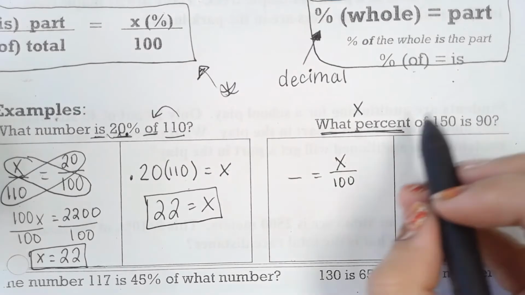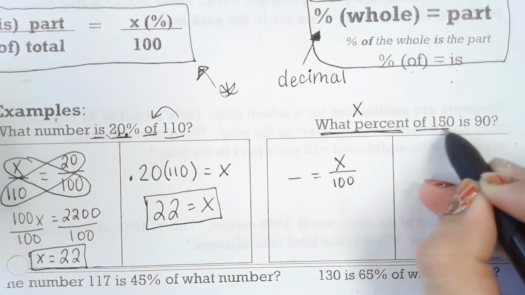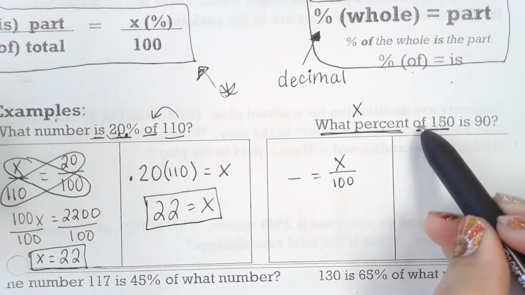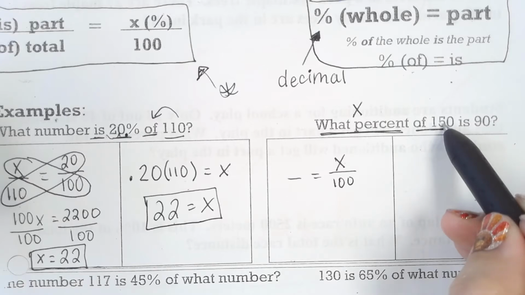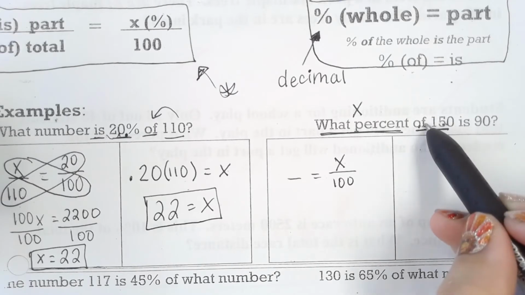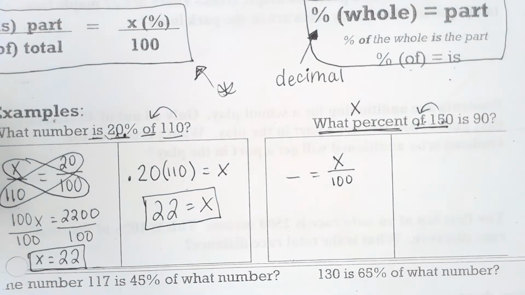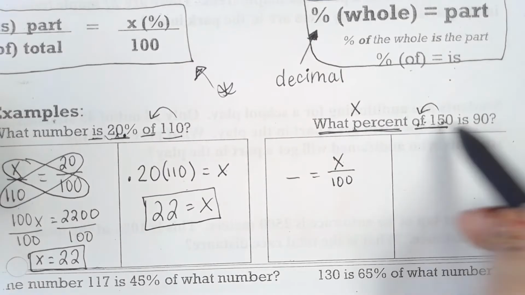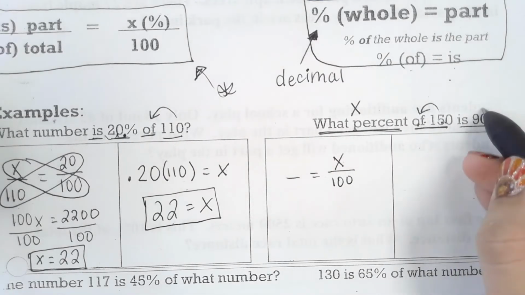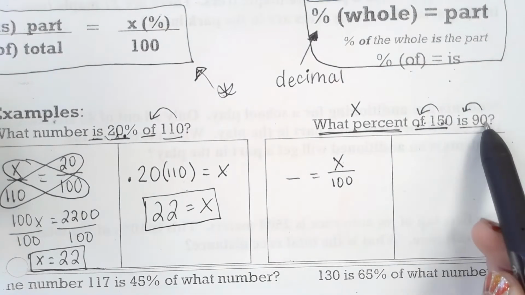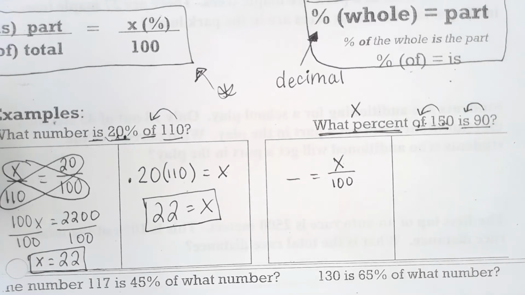Well, what percent of 150, and if you look, of is before the 150, so most of the time, probably 9 times out of 10, whatever word is before the number is going to be what is represented. So of 150 is 90, so there's the word is, so once again that number behind it is going to represent the word before it. But you could also think of it as the part over the whole.